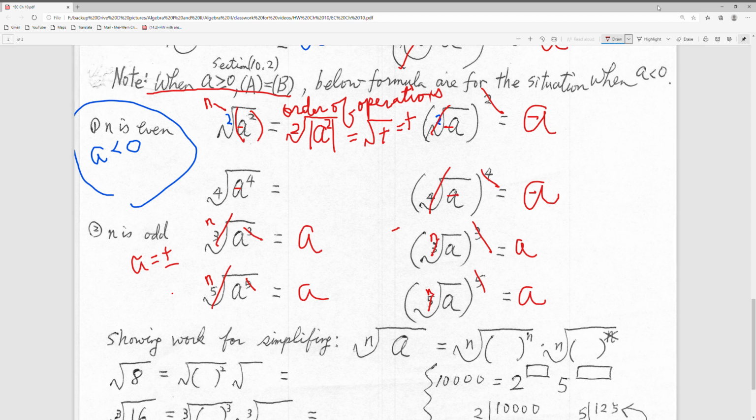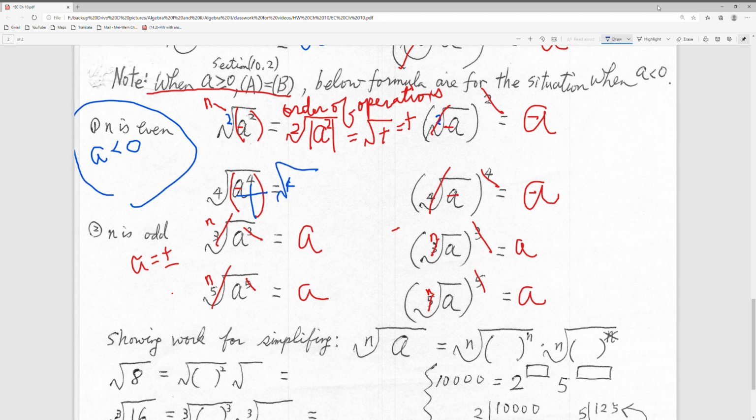So the key point, the most important information here for the 10.1 homework, is when you have an even root inside the root, this 4 is inside the root, you cannot simply cancel out. You cannot do that because this even degree already guarantees the whole inside thing becomes positive.